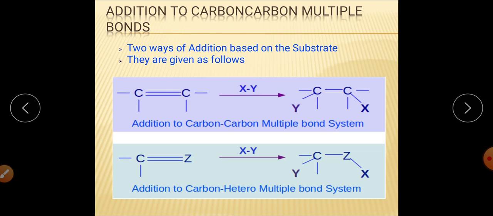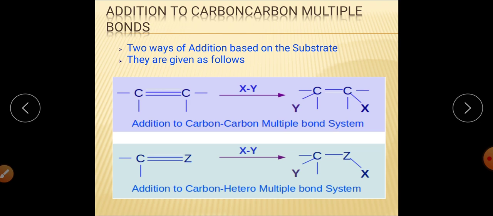When we talk about the classification of addition reactions, we must know that it is classified on two broad parameters. The first parameter is the substrate.